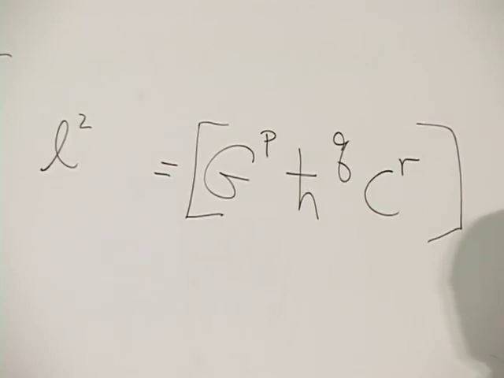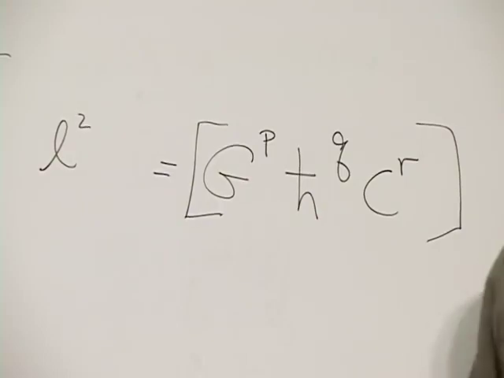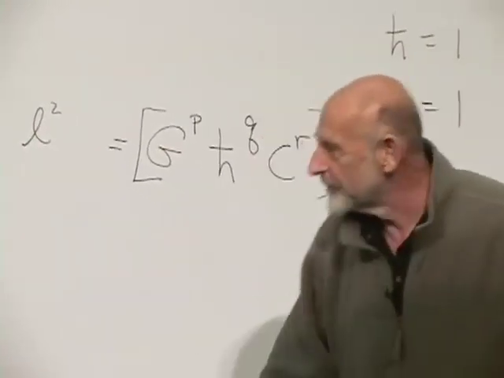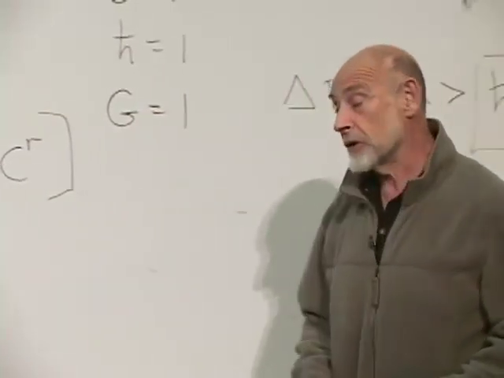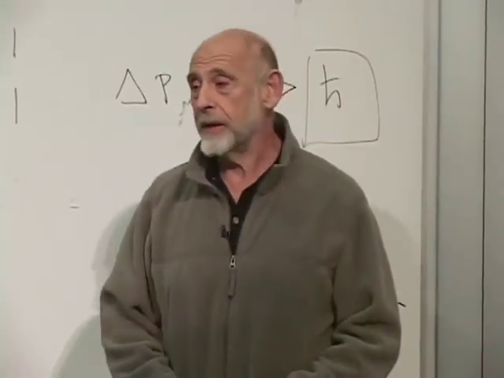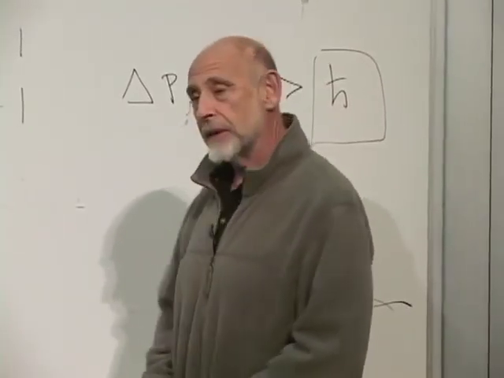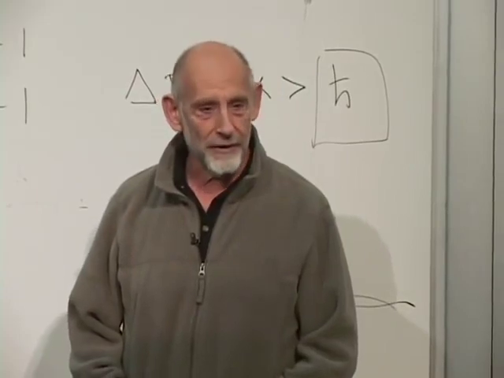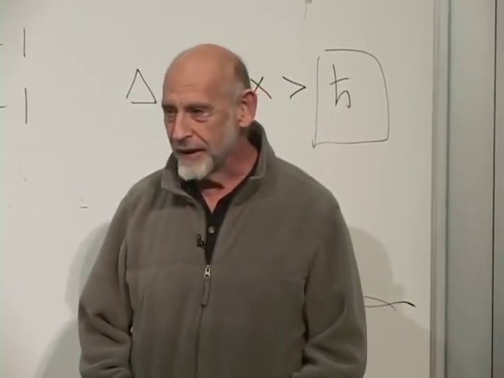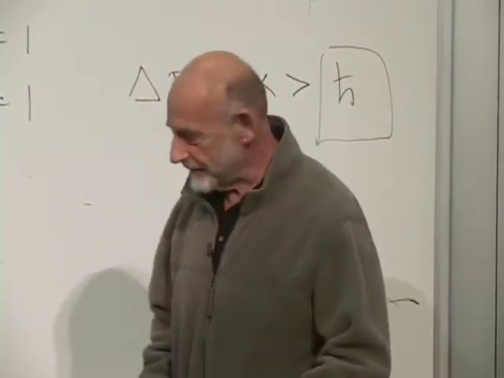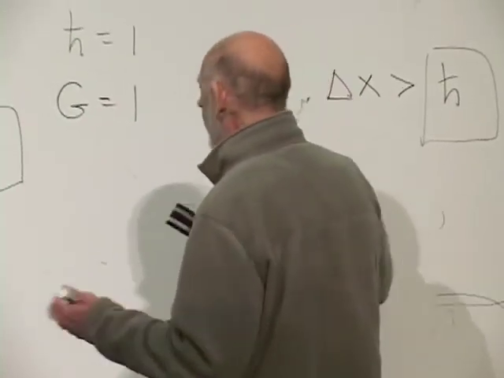The units of g to the p, h bar to the q, c to the r should be length squared. I'm choosing length squared to avoid a square root in the final formula, that's all. All right, there is another reason. It is widely believed that the fundamental unit is a unit of area, not a unit of length. But we'll come to that some other time.